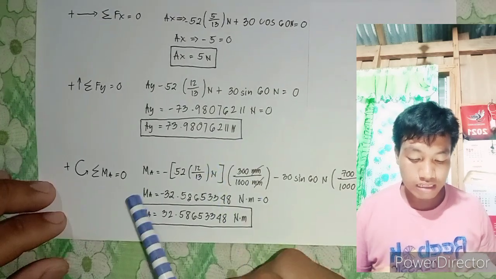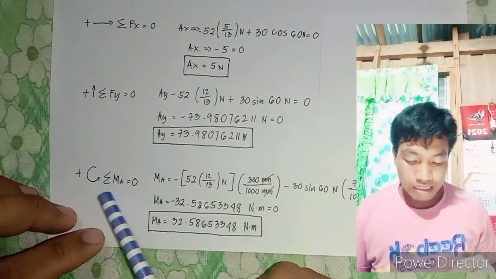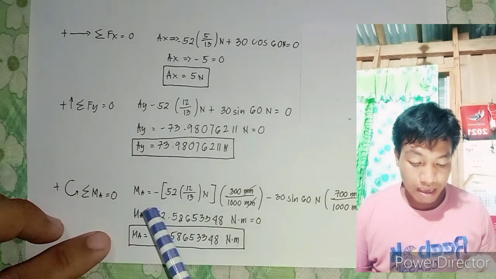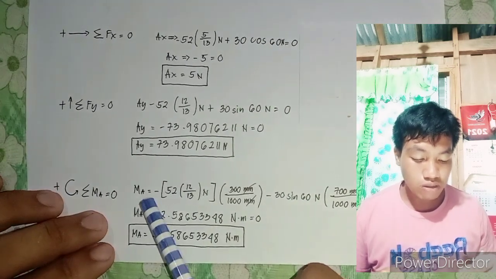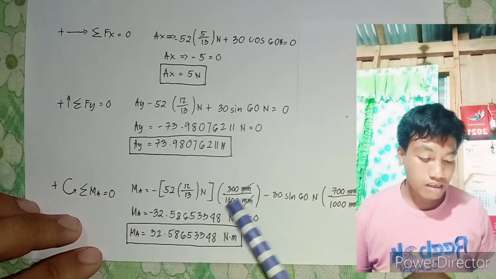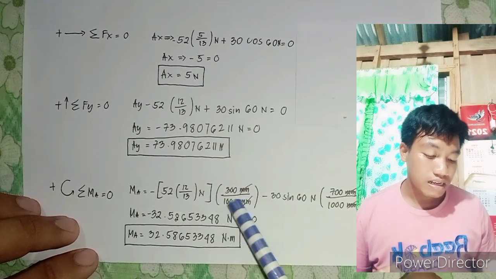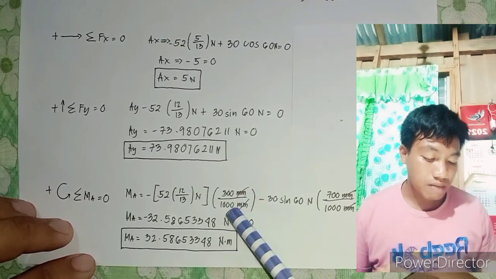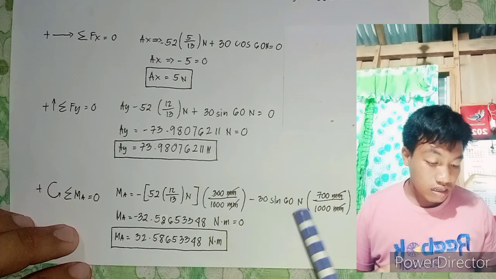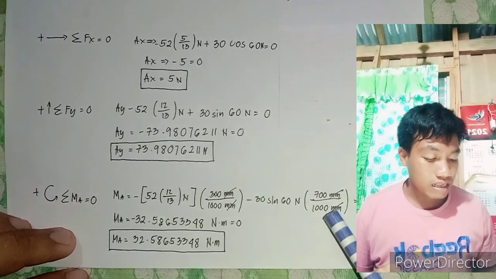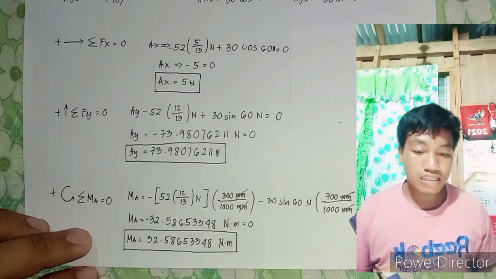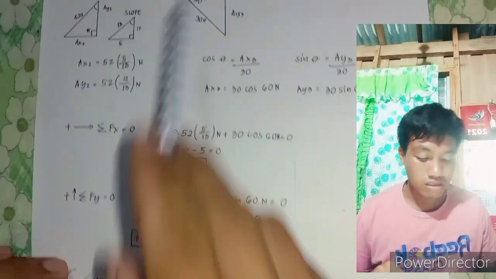So, summing moments is equal to 0. MA, moment, is equal to negative 52 times 12 over 13 Newton times 300 millimeter over 1000 millimeter, to cancel the units, minus 30 sine 60 Newton times the quantity of 700 millimeter over 1000 millimeter. 700 because 300 plus 400 is 700, is equal to 0.